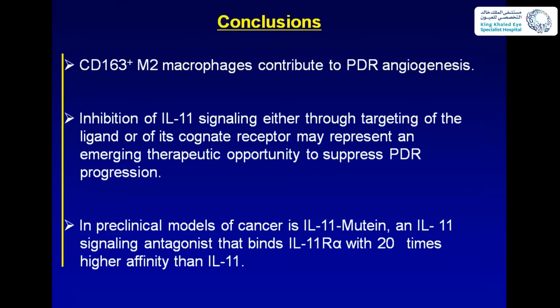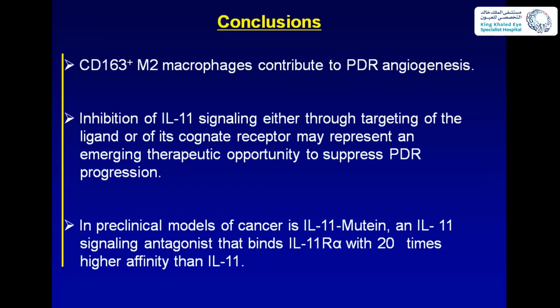No doubt the macrophage is involved in the pathogenesis of, or in the angiogenesis in, PDR. It is responsible for neovascularization, the formation of new blood vessels and new capillaries, we can conclude from this.